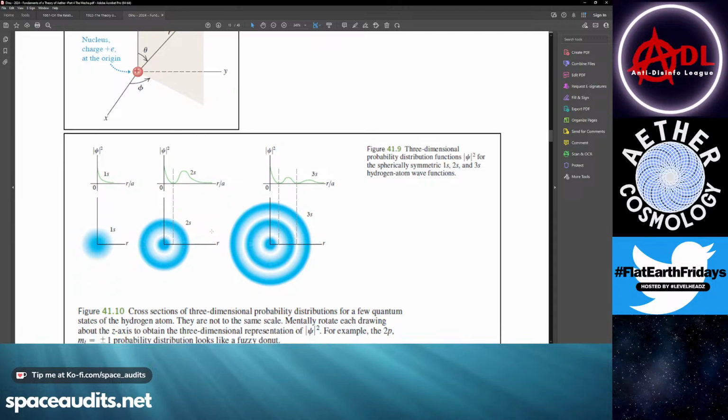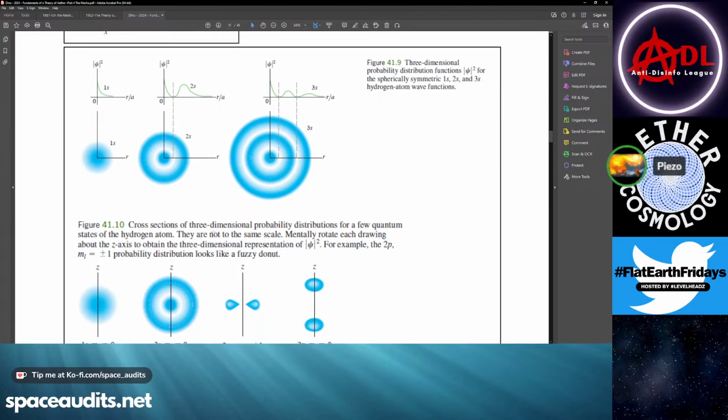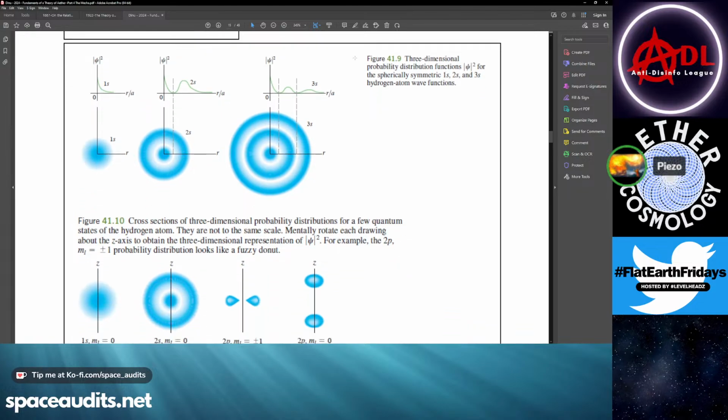Figure 41.9, 3-dimensional probability distribution functions. Whatever that trident symbol is, squared. Capital Phi squared for the spherically symmetric. Oh, psi. Okay. Psi squared. Absolute value of psi squared for the spherically symmetric 1s, 2s, and 3s hydrogen atom wave functions.